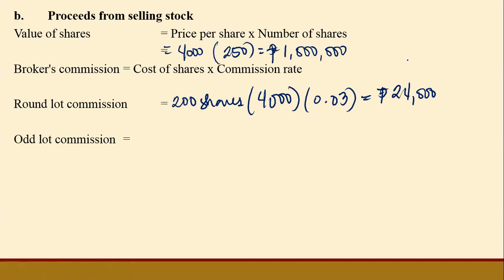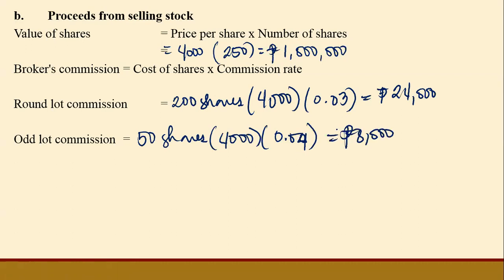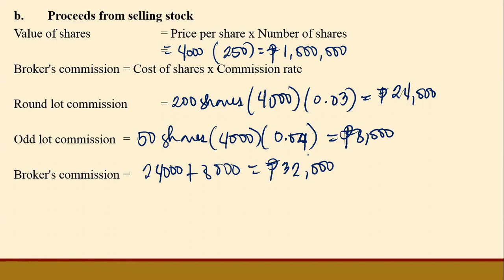And for the odd lot commission, which has 50 shares times 4,000 times the commission rate, this is equal to 8,000 pesos. So the broker's commission is now 24,000 plus 8,000, equal to 32,000 pesos.